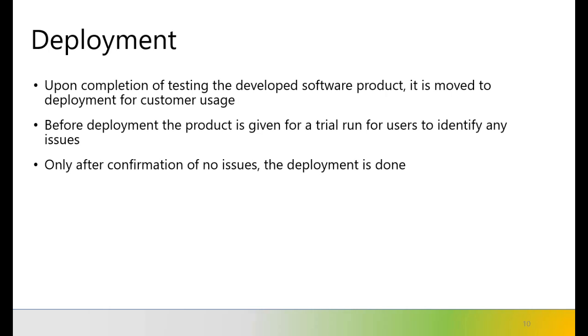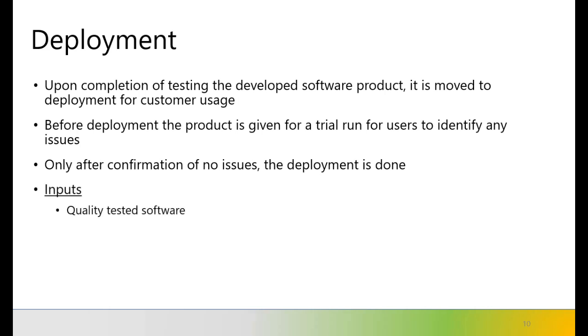And your trial runs also ensure that, because the application is running in a different environment than whatever it has been run, if there are any environmental issues, they should be ironed out first, right? So that's what your trial run ensures. So you have a trial run, and once that is done, you go ahead with your deployment.